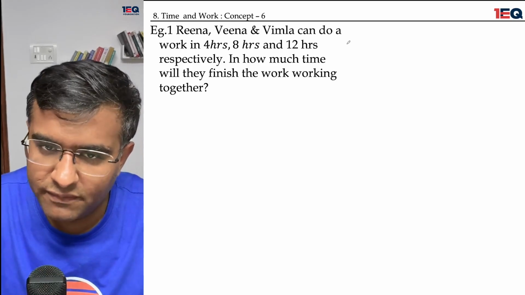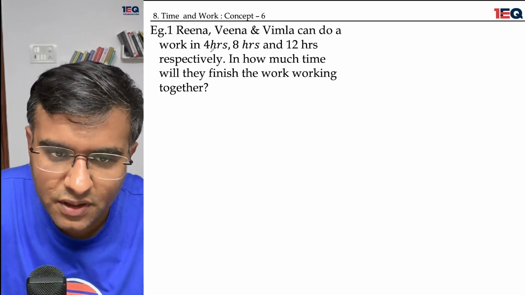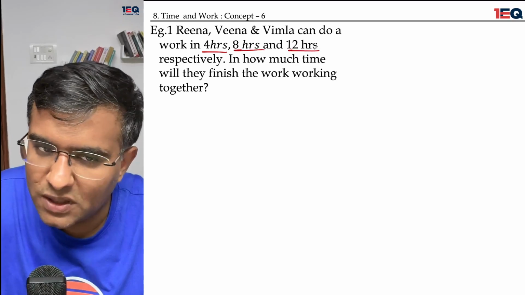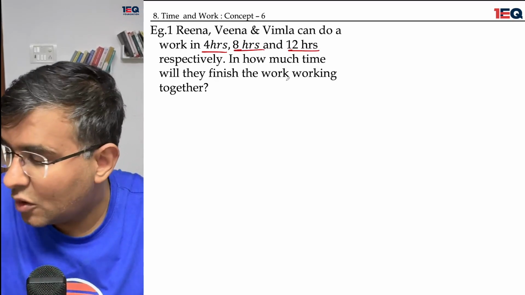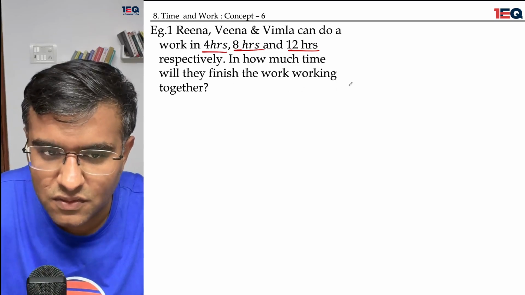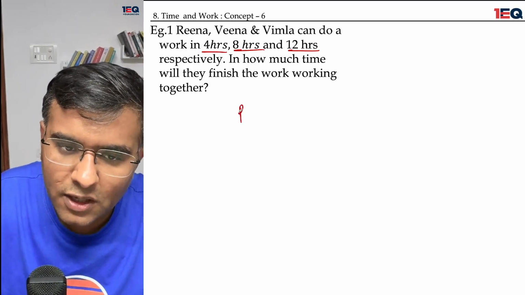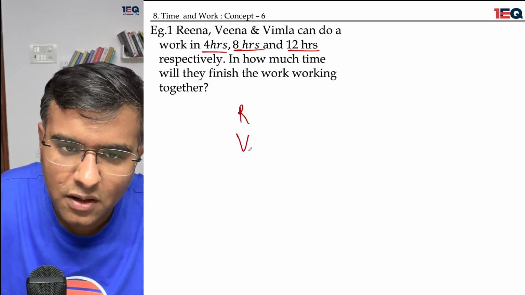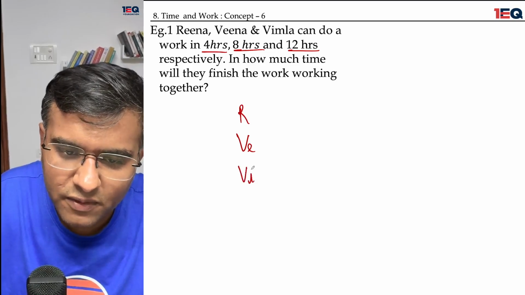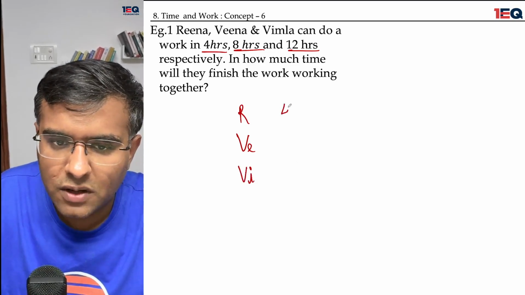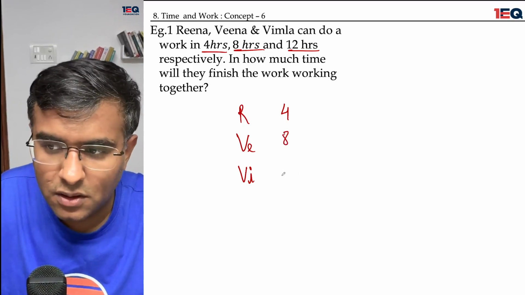Reena, Veena, and Vimla can do a work in 4 hours, 8 hours, and 12 hours, respectively. In how much time will they finish the work working together? I'll quickly write down Reena, Veena, and Vimla: 4 hours, 8 hours, and 12 hours.